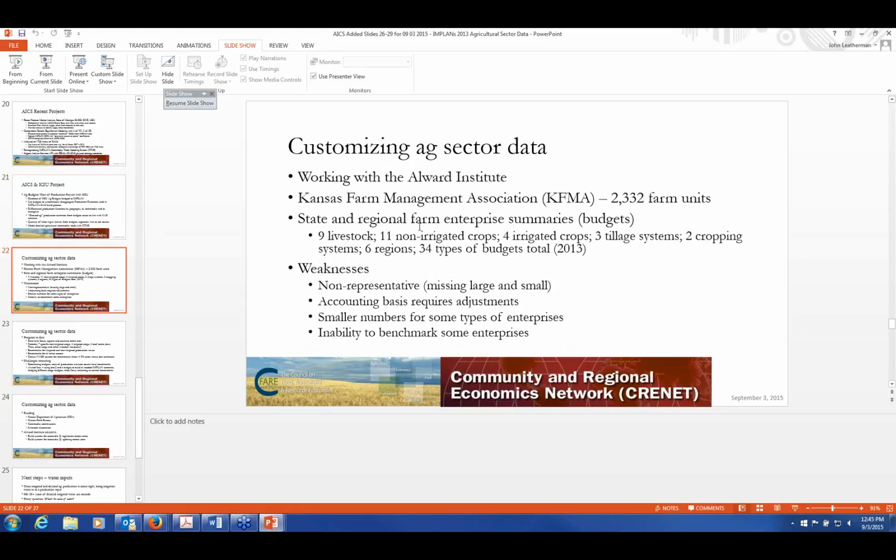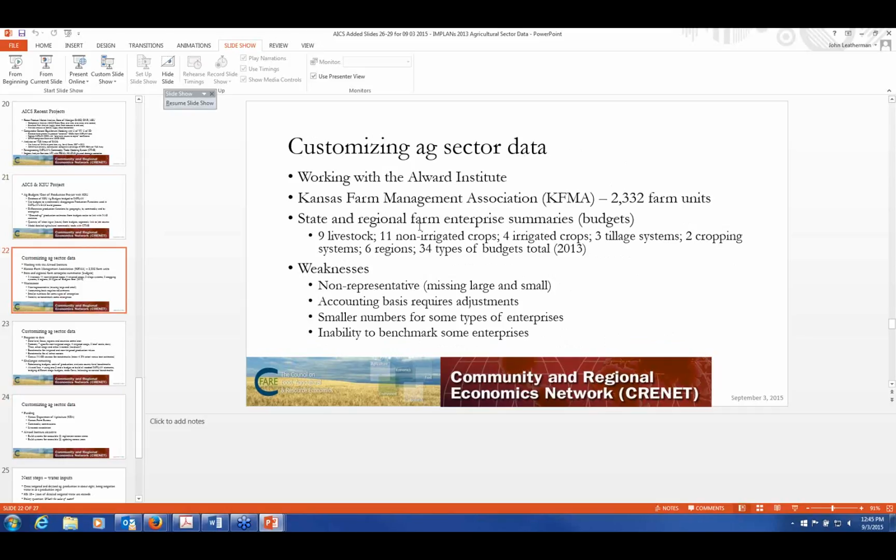They are non-representative insofar as members of the Farm Management Association are generally in the middle of the spectrum. We do not have good representation by either very large scale or very small scale farm enterprises.